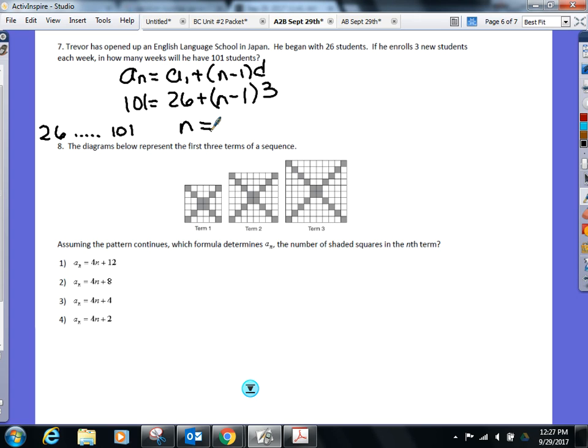How many weeks is he going to open it up for? Oof, 26 weeks. What is that, about 6.5 months? All right. Good luck to you.